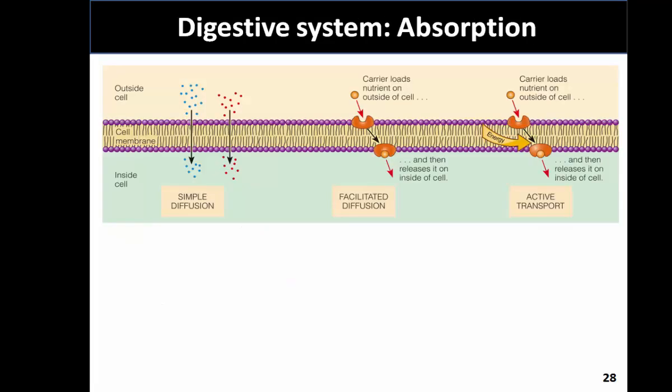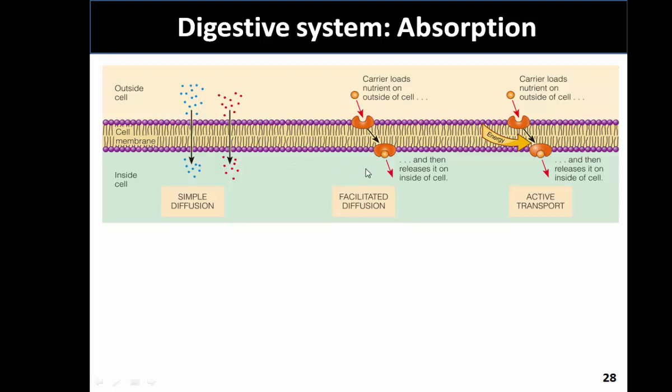In terms of absorption, there are three cellular mechanisms by which nutrients move from the outside of the intestinal cell. And so when we say the outside of the intestinal cell, we are here in the lumen of the small intestine. And so nutrients have been mechanically and chemically digested, and we use simple diffusion, in which nutrients will just move through the walls of the intestinal cells.